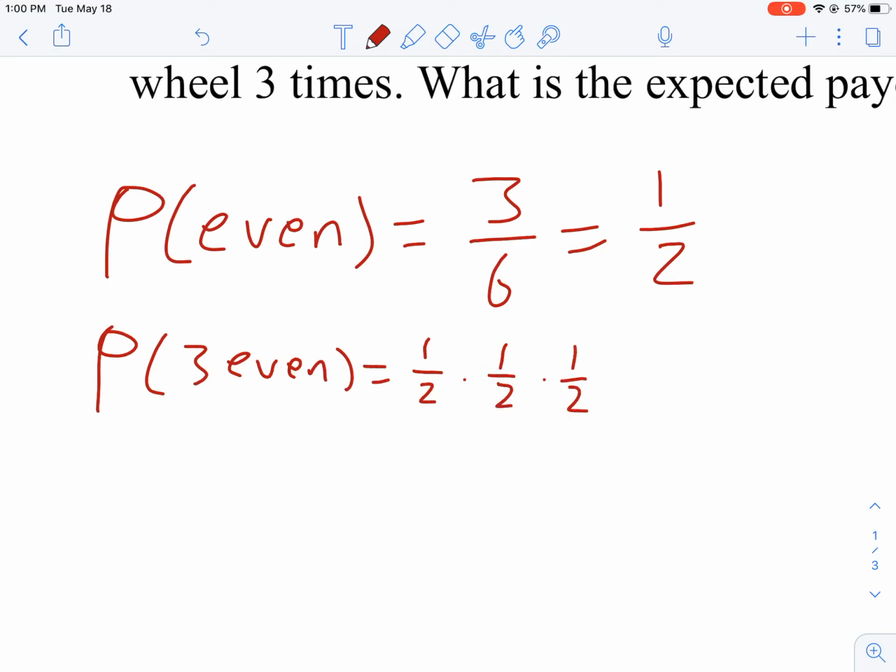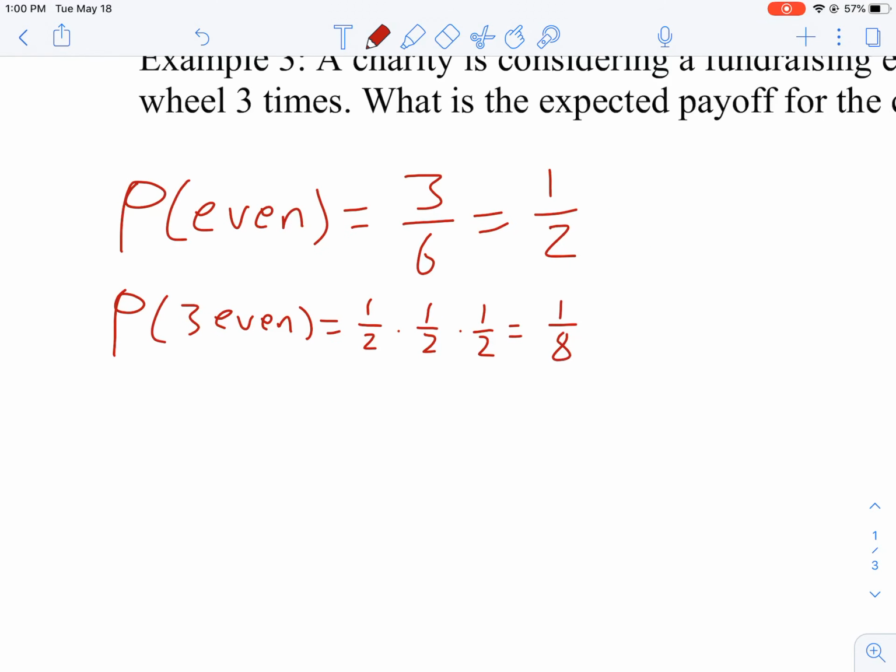So remember, and is multiplication. So getting an even number on all 3 spins is 1/2 times 1/2 times 1/2, which is 1/8. So the probability of someone winning their game is 1/8, 1 out of 8 times. And so we can use that to figure out the expected value.